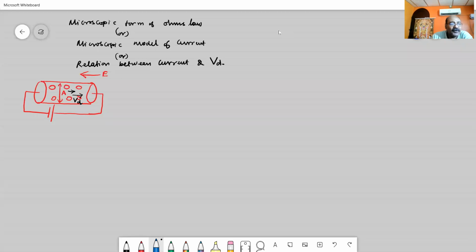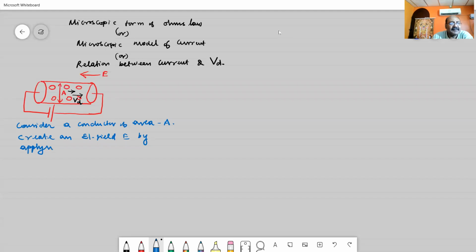For this, you have to write a description. What are the descriptions that I have to write? Just some 3 or 4 points. Consider a conductor of area of cross section A. Then create an electric field E by applying a potential difference across the conductor.